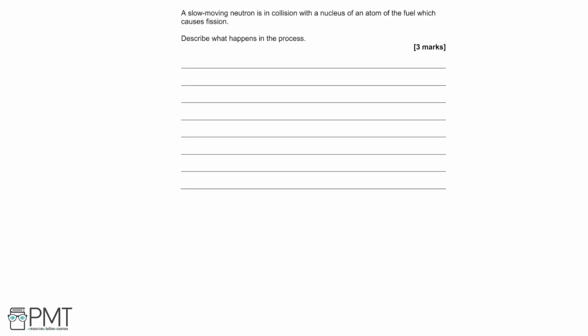The next part of the question says, a slow-moving neutron is in collision with the nucleus of an atom of the fuel which causes fission. Describe what happens in the process. So in this reaction, what I have is a neutron, 1 0 n, colliding with the nucleus of uranium-235.